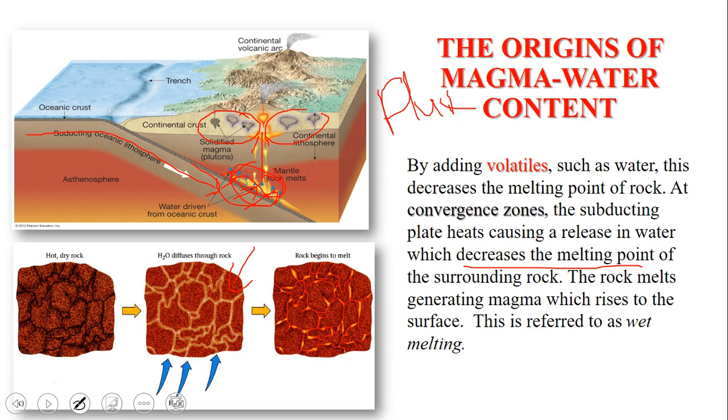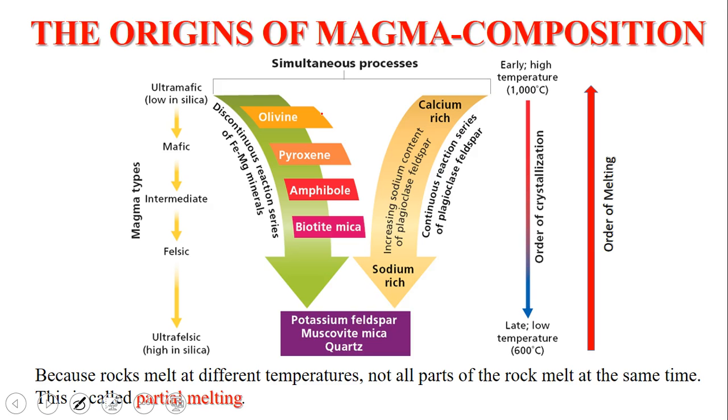Now, the fourth thing that you have to look at is you have to go back to something called Bowen's reaction series. What this basically tells you is that through the experimentation of N.L. Bowen, he recognized that certain minerals crystallize at different times from a melt.